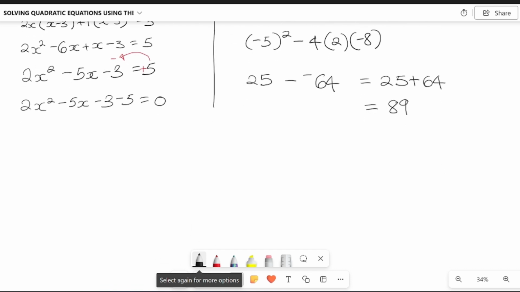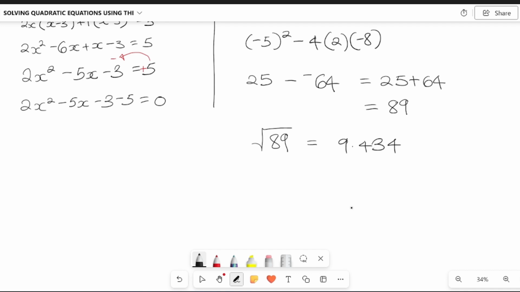Now, let's find the square root of 89. From the calculator, the square root of 89 is equal to 9.434, rounded off to 3 decimal places.